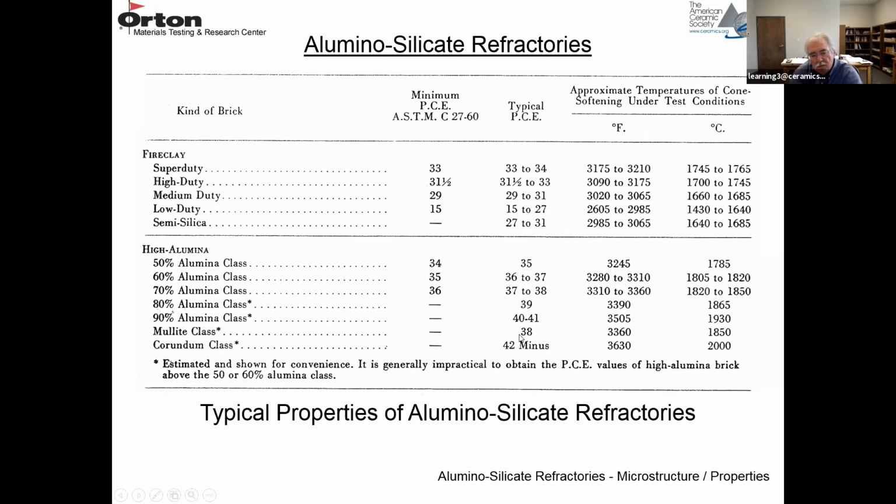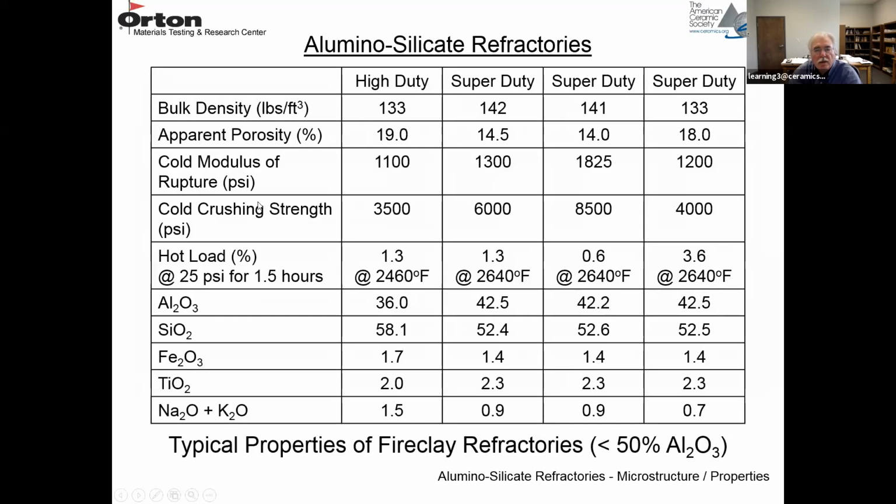So if you put a pyrometric cone in a furnace that's pure alumina and you want to melt it, you're going to melt everything, furnace and the cone. So you don't typically see these numbers here. They're estimates. But they were measured at one time to establish these standards. So as you go up in alumina, the PCE value goes up, and then the use temperatures go up.